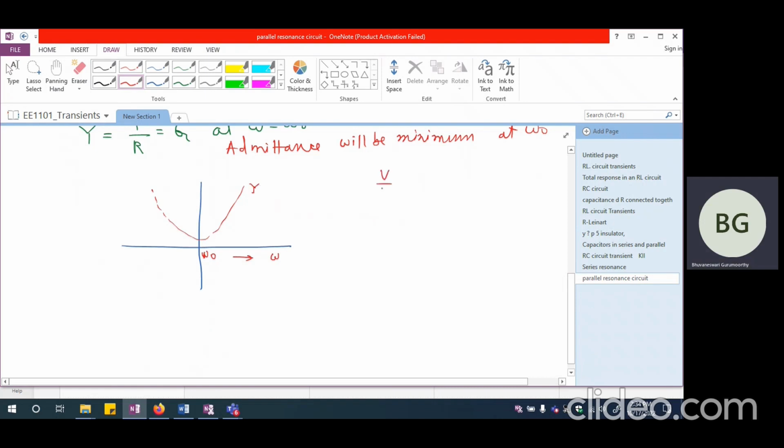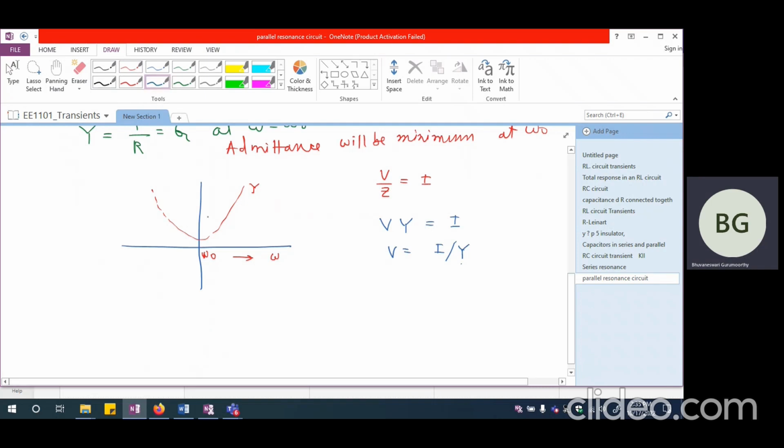We normally write V divided by Z is going to be I. So in one sense, I should be able to write V multiplied by admittance is equal to I, or I should say V is equal to I divided by Y. So for a given current, when the admittance is minimum, voltage is going to get a very high value.